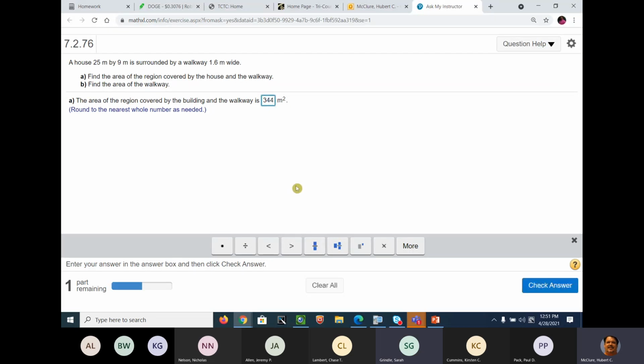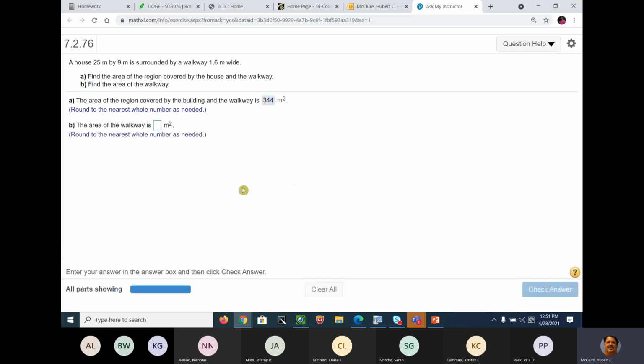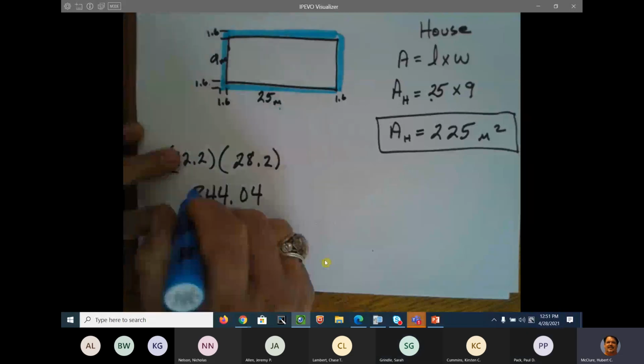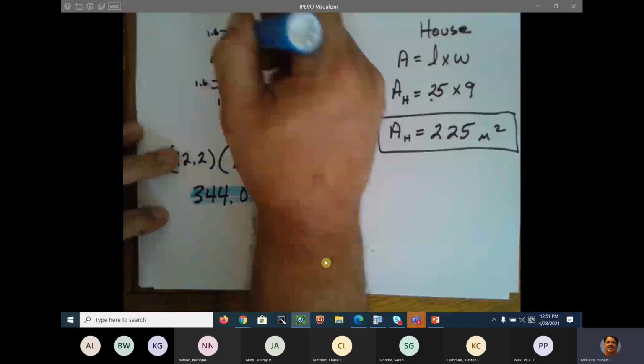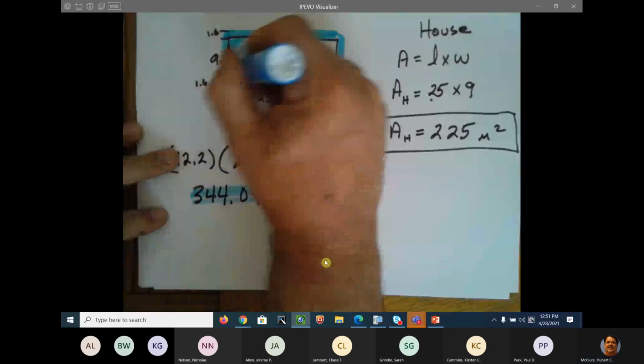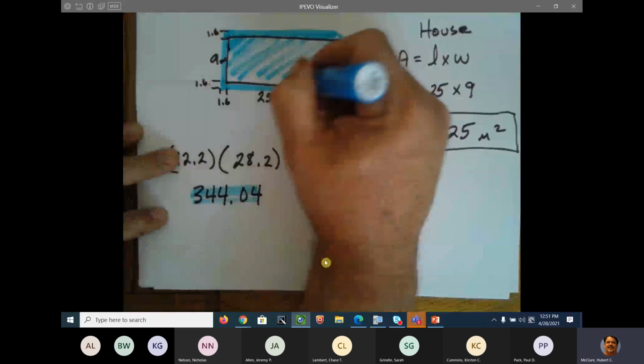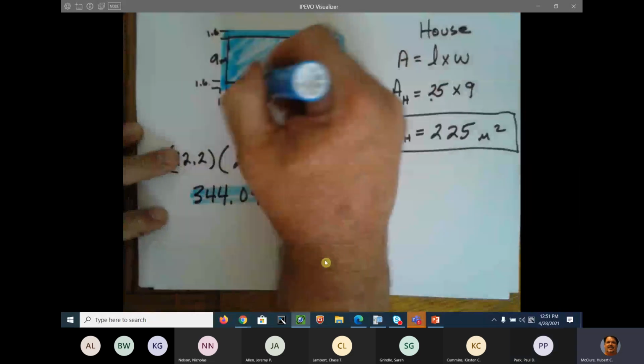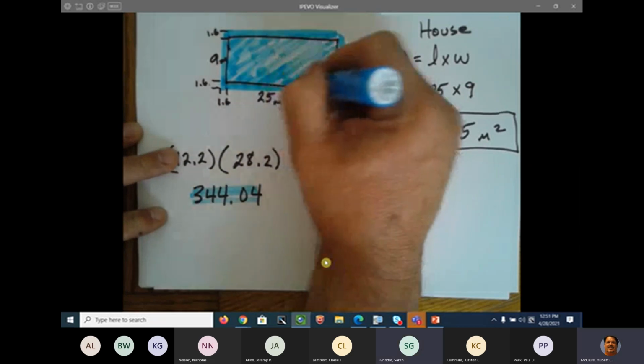Find the area of the walkway. So what do you do if you want to find the area of the walkway? So we didn't go wrong doing the house. Because what am I going to do? Just the same thing as before. What, subtract it from the house? I just found this whole region right here. Everybody with me? That's the walkway with the what? With the house.